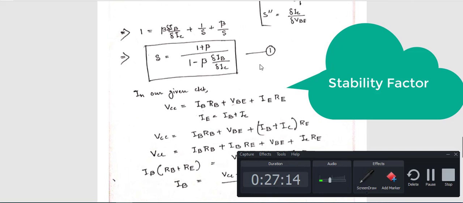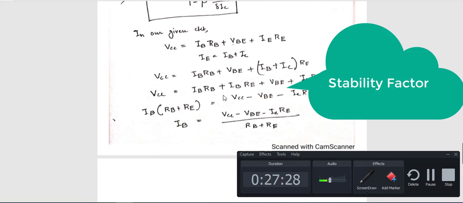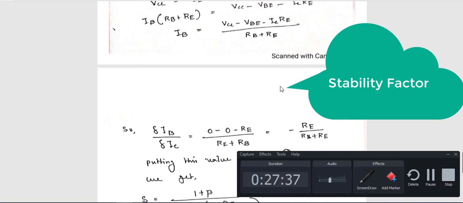Because in your expression of stability factor you have a term del IB by del IC. Now if you know the value of del IB by del IC, then you can easily put the value here, and after that you can calculate the stability factor. That's why you have to represent this expression in such a way that it comes in terms of IB.